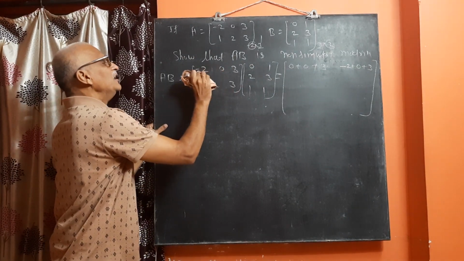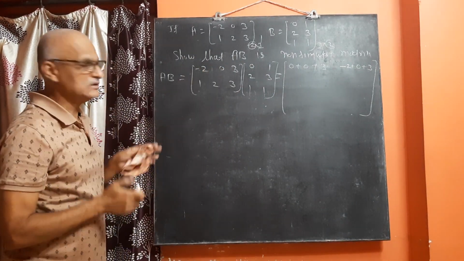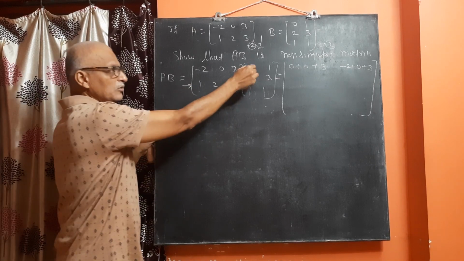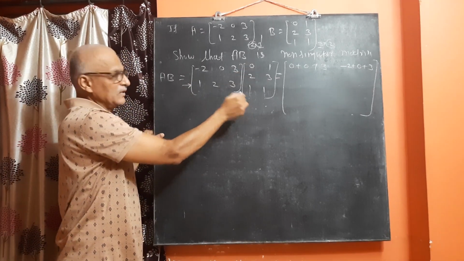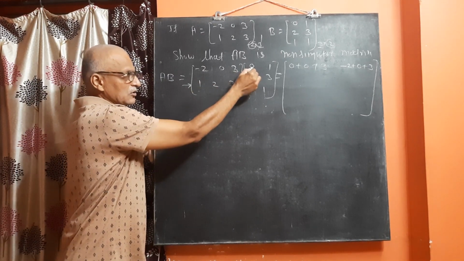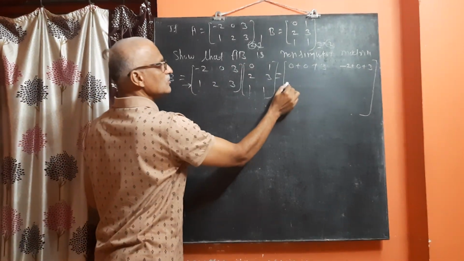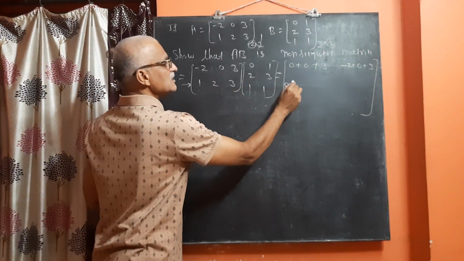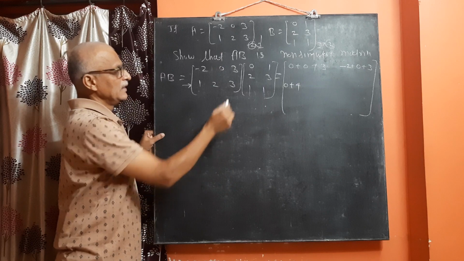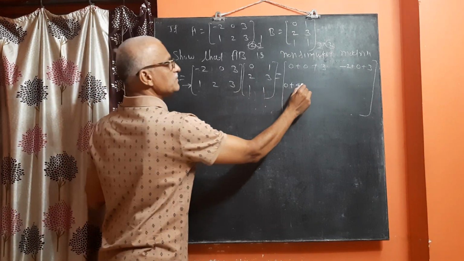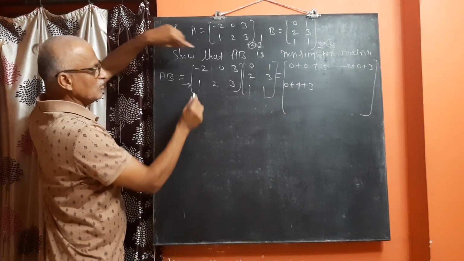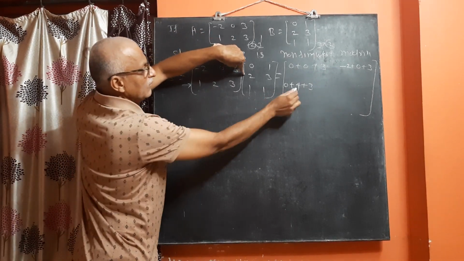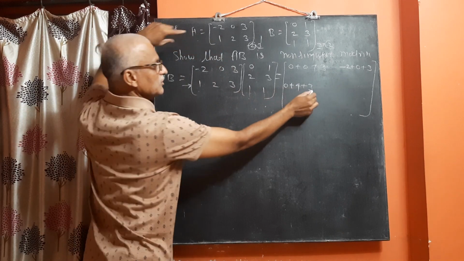Now the multiplication of the second row into the first column. 1 into 0, that is 0, 2 into 2, that is plus 4, 3 into 1, that is plus 3. See here: 1 into 0, 0; 2 into 2, 4; 3 into 1, 3.